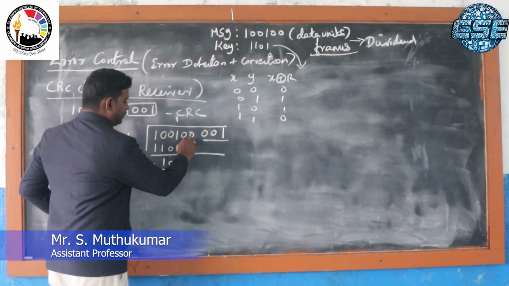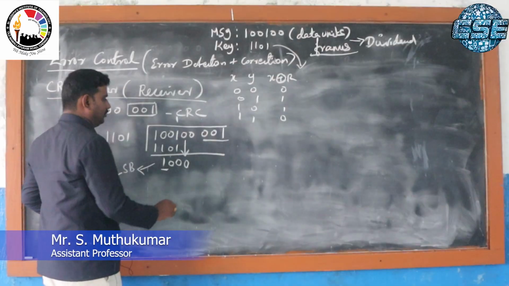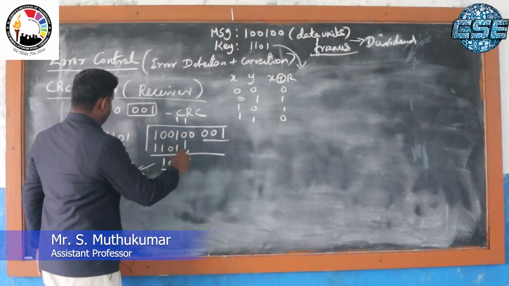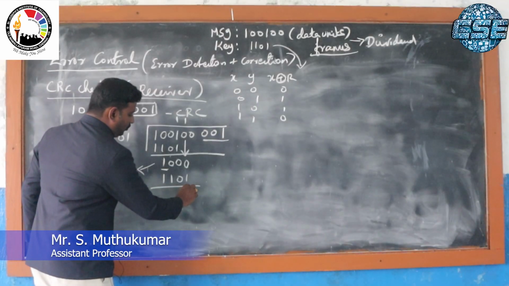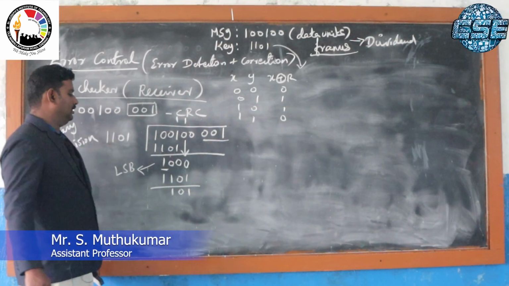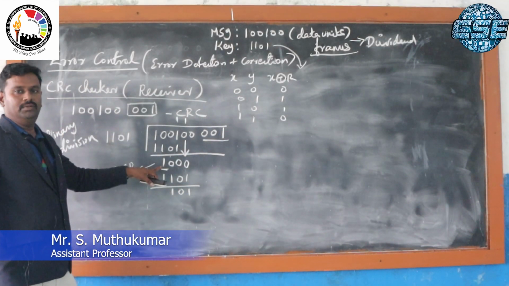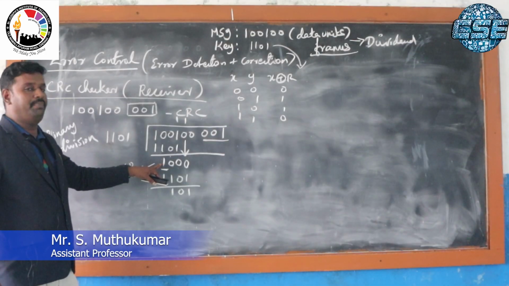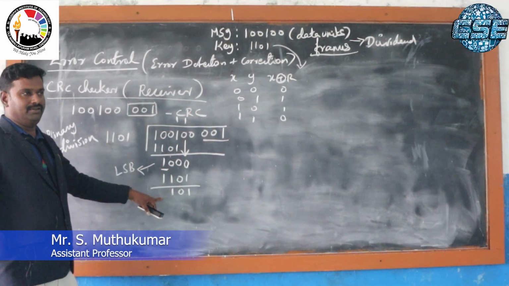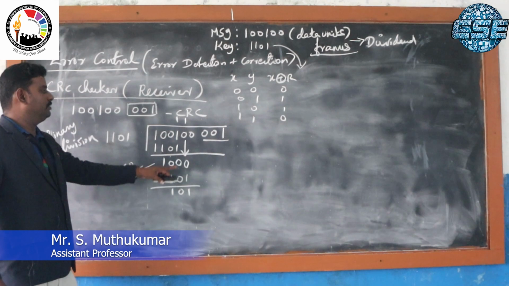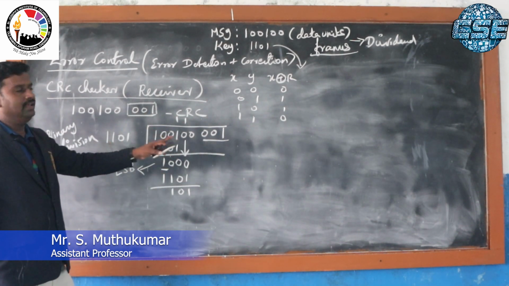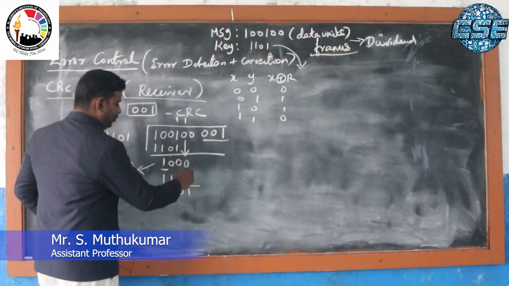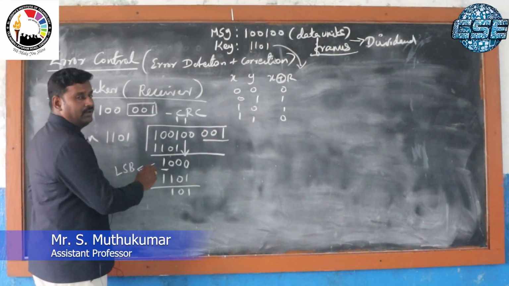So take the next bit, 0. 1 into the divisor, you will get some value, 1 0 1. Carefully note down that the leading bit should be 1. It should not be 0. If it is 0, it should be multiplied by 0 with the divisor. We already discussed this on the CRC generator side. So 1 0 1 consists of only 3 bits.